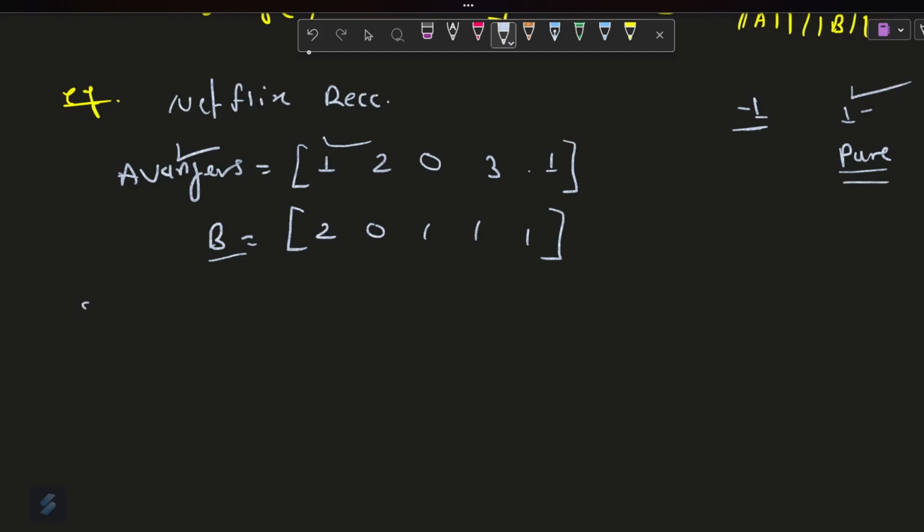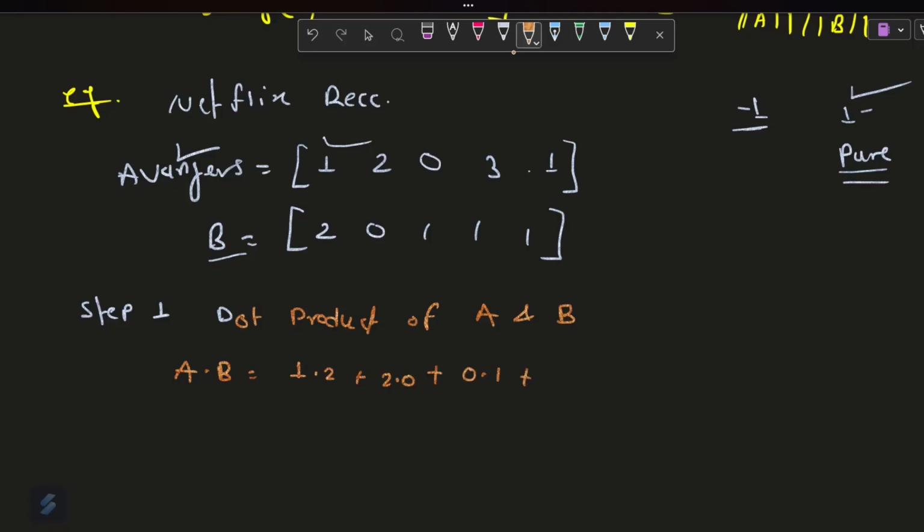Okay, so we start with that. Step one, the dot product of A and B. A dot B is nothing but 1 times 2 plus 2 times 0 plus 0 times 1 plus 3 times 1 plus 1 times 1.